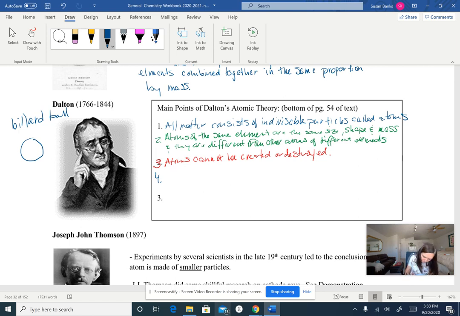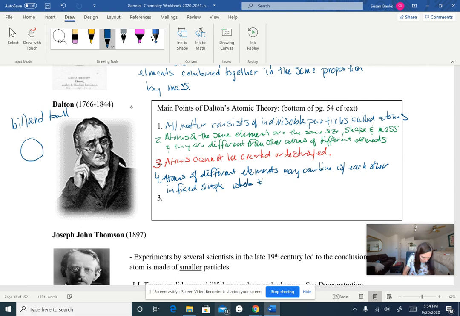Atoms of different elements may combine with each other in fixed, simple, whole number ratios.